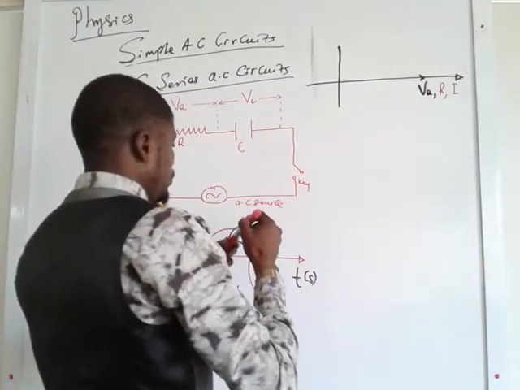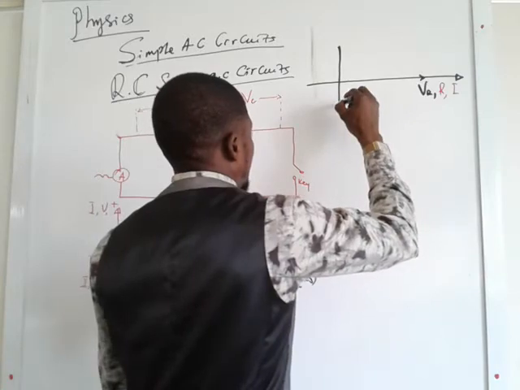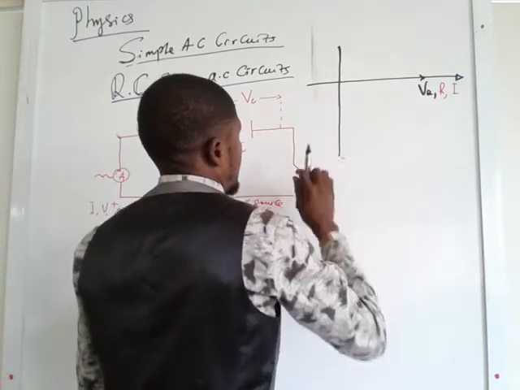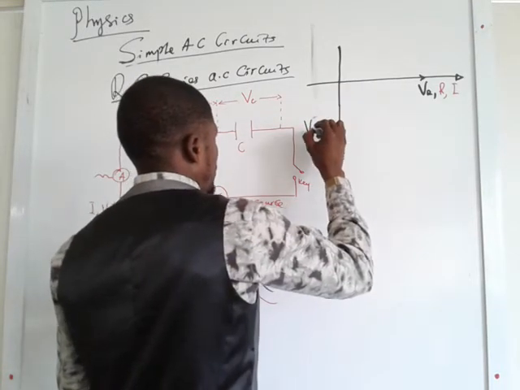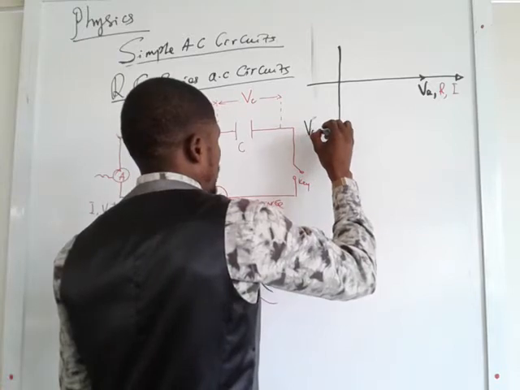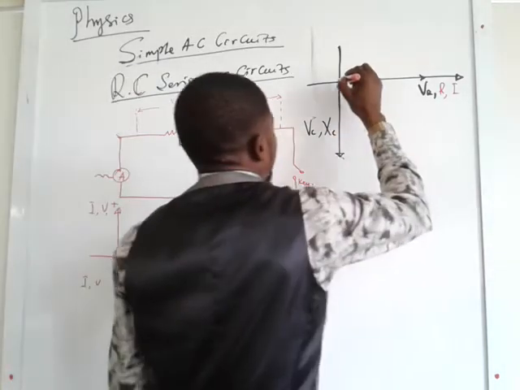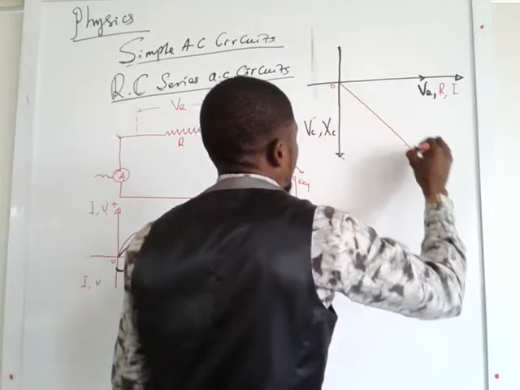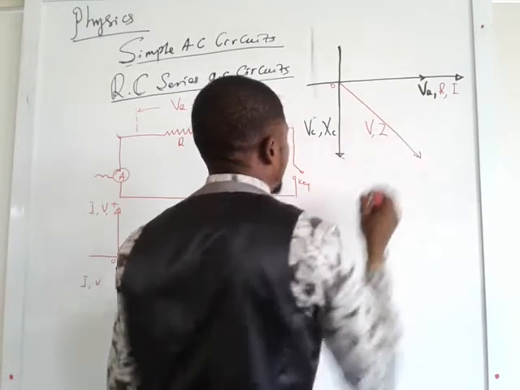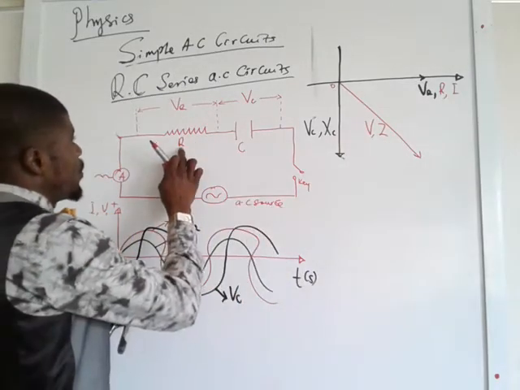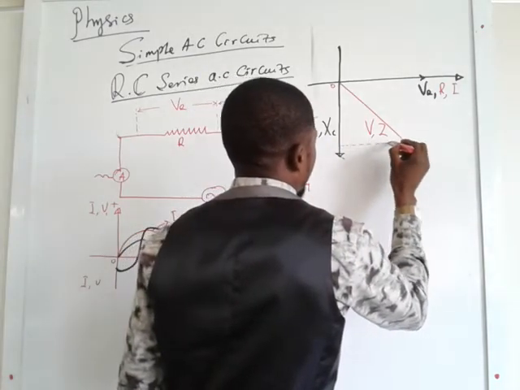And so we extend our line down here. Then we call this voltage across the capacitor, and then the capacitive reactance. Then here is 0 down here. Here is the effective voltage, and then the effective resistance offered by the resistor and the capacitor, called the impedance, in this direction.